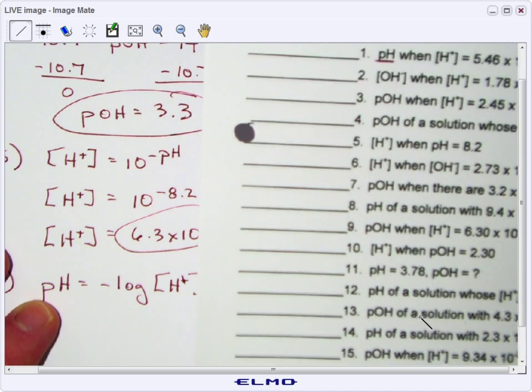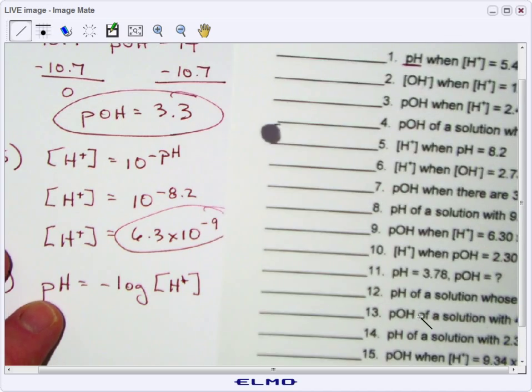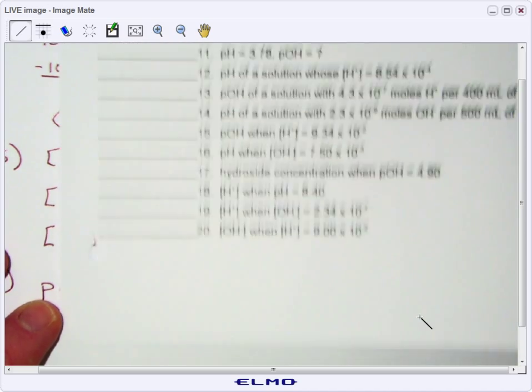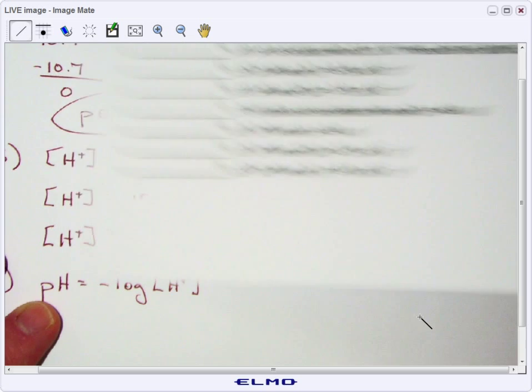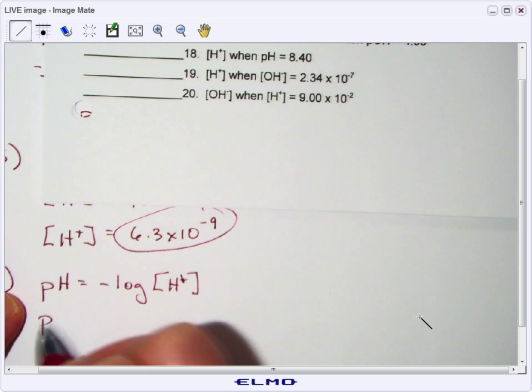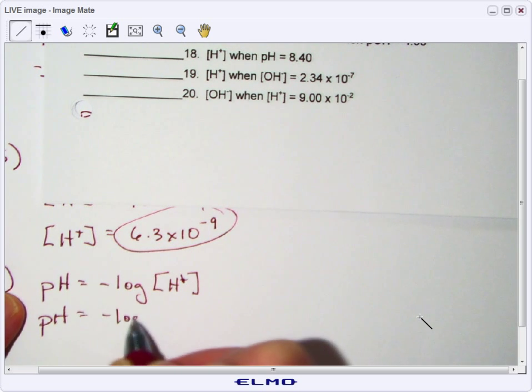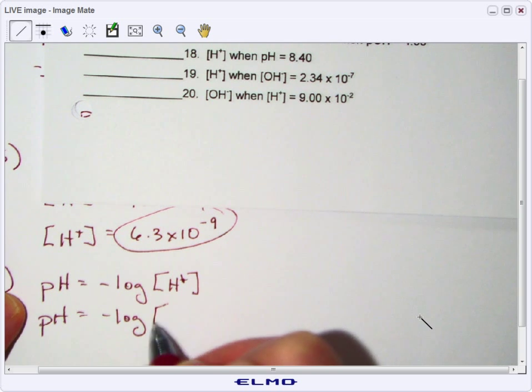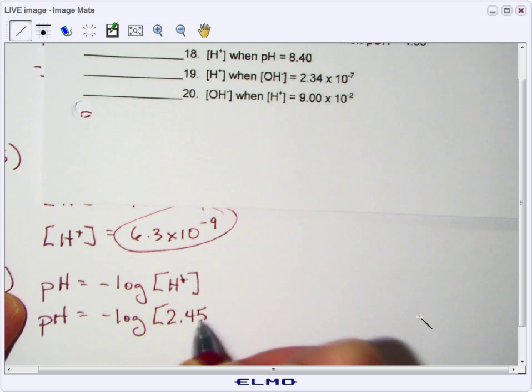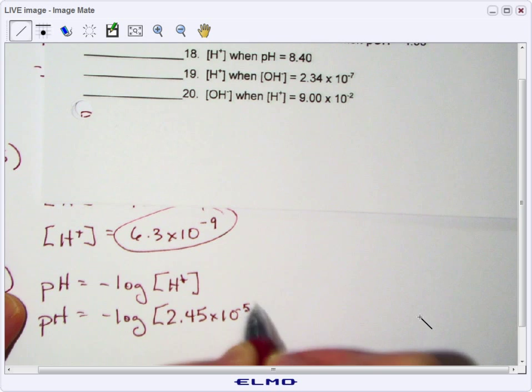Am I on the right problem? Yes. So our pH equals the negative log of 2.45 times 10 to the negative 5th.